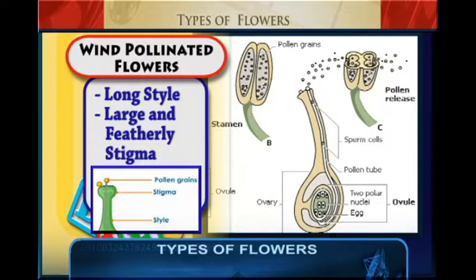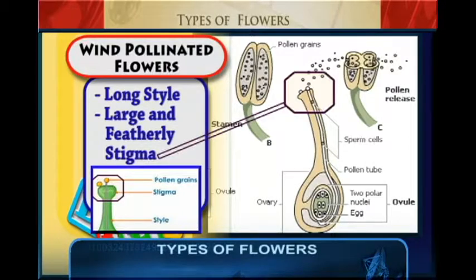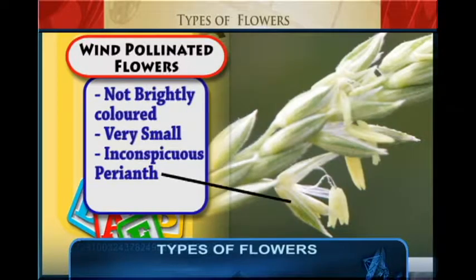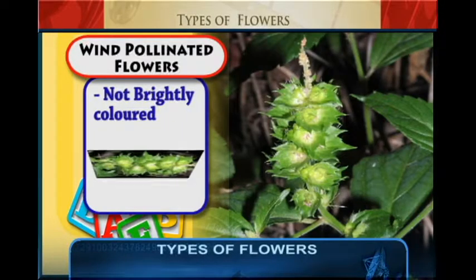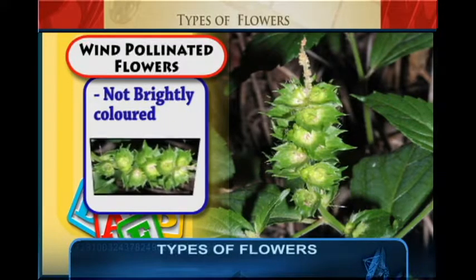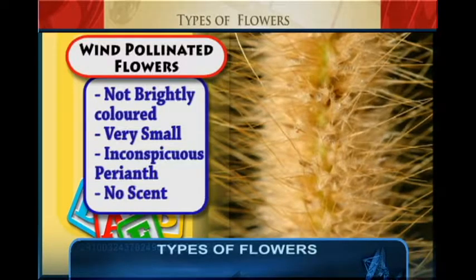So we have seen the characteristics of wind pollinated flowers. We have said that they are inconspicuous, they are very small, they do not produce colored petals, they do not produce any scent, and they don't produce any bright colors.